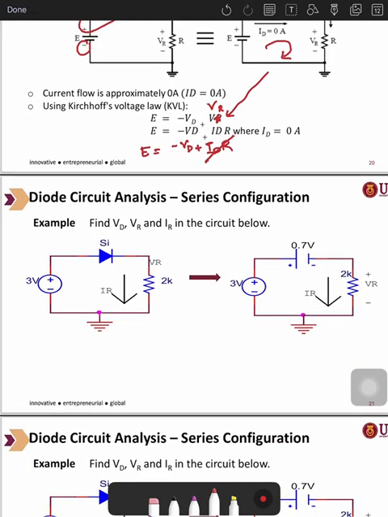Then let's take a look at the example. How to solve this one? Do you have an idea? Whenever we want to analyze the diode circuit, whether it is a series configuration or a parallel configuration, we have to identify whether it is connected in the forward bias or the reverse bias.